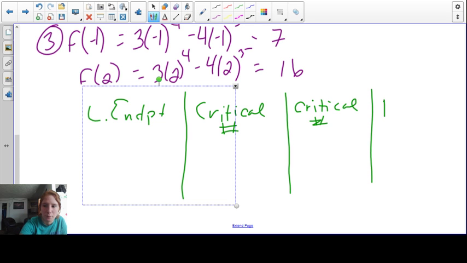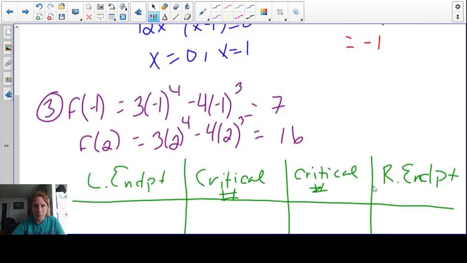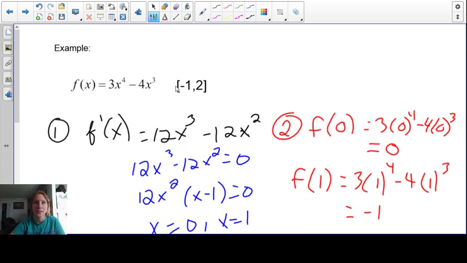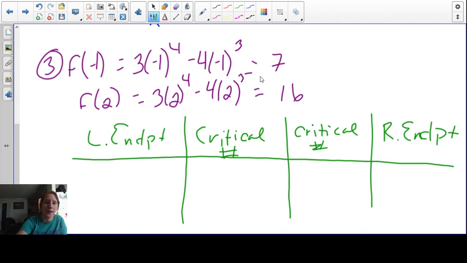And I have a right endpoint. My left endpoint of -1, when I plugged in that -1, my answer was 7. So I have a point of -1, 7.